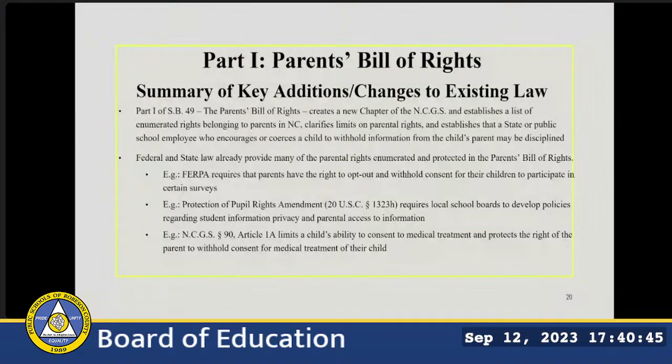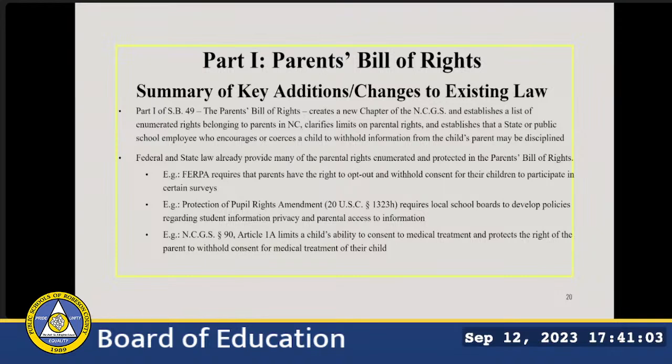Okay, there are already federal and state laws that provide a number of these different rights that are enumerated in the Parents' Bill of Rights. So for example, FERPA requires that parents have the right to opt out of certain surveys and withhold consent from their child participating in certain surveys.